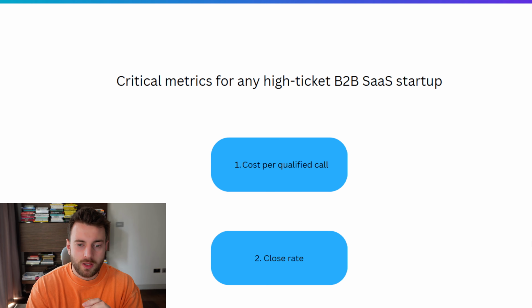Knowing your cost per qualified call allows you to understand what your customer acquisition cost is going to look like, because of the next one we have here, your close rate.